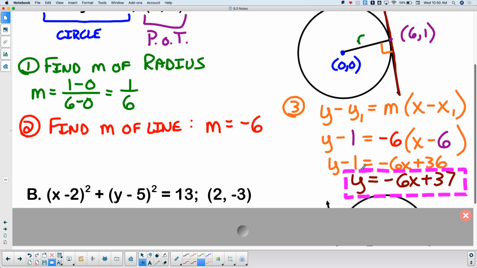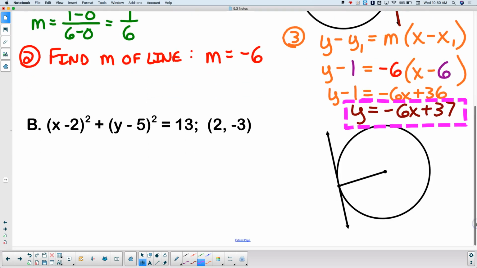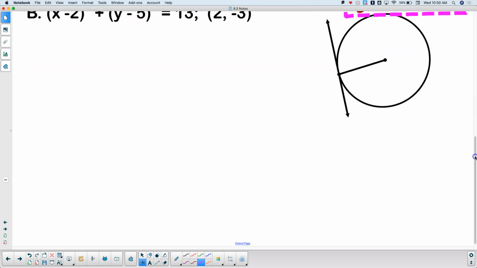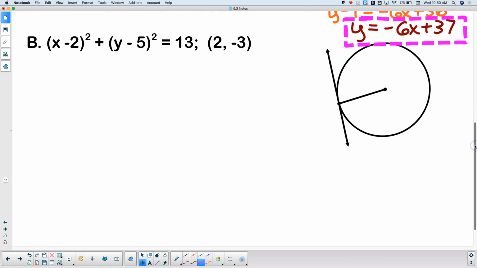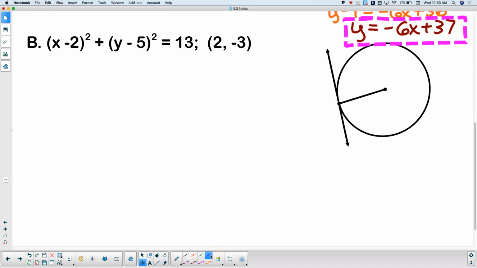Okay. All right. What I'd like you to do now is find me the equation of the tangent line, tangent to that circle at that point. What you know about that circle is what?